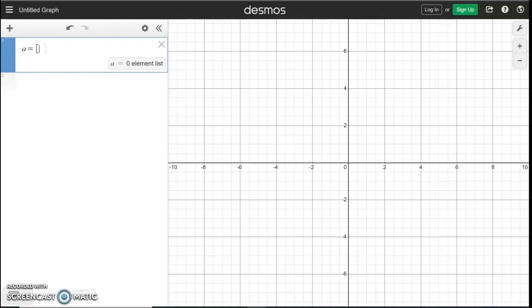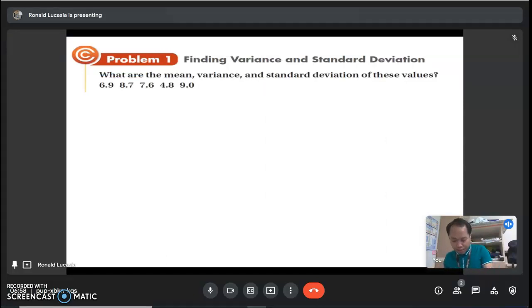You type the data: 6.9 comma, 8.7 comma, 7.6 comma, 4.8, and the last one is 9.0. Notice that we have 5 elements there: 1, 2, 3, 4, 5.